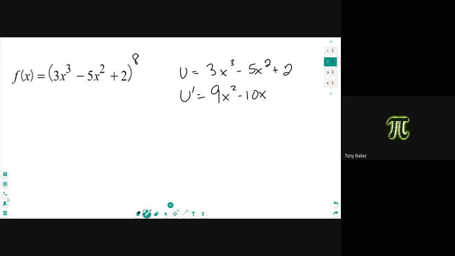And that's it, right? Because 2 goes away. And then I have u to the 8th. And if I do the derivative of that, what do I get? 8u to the 7th, right?